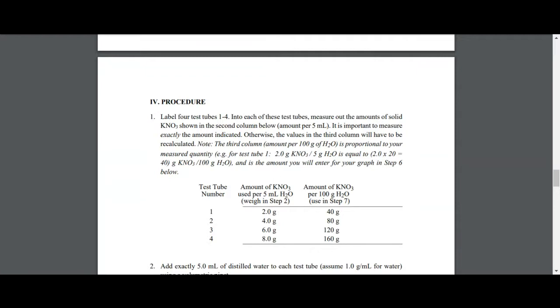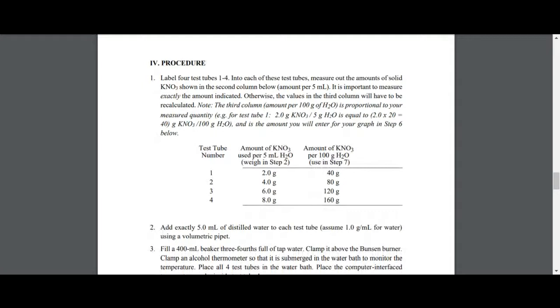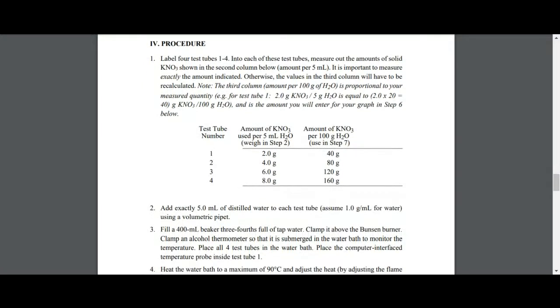So we are going to label 4 test tubes, and to each of the test tubes we are going to add grams of potassium nitrate and the distilled water.